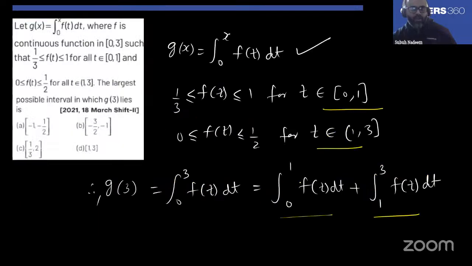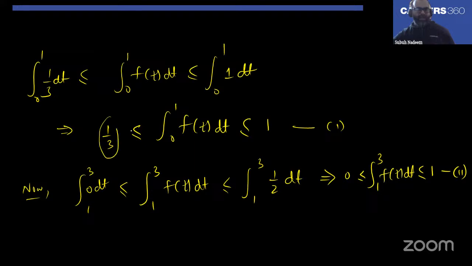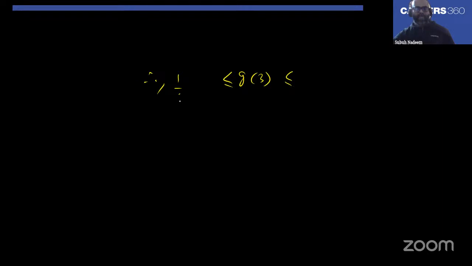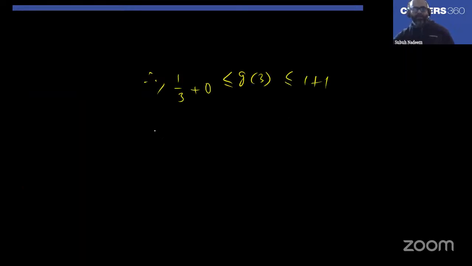Now, if we want to find the greatest interval in which G3 lies, we add both of them. So therefore, G3 lies between, lowest is 1 by 3 and 0. So we will add them. And upper limit is 1 and 1. So 1 plus 1.